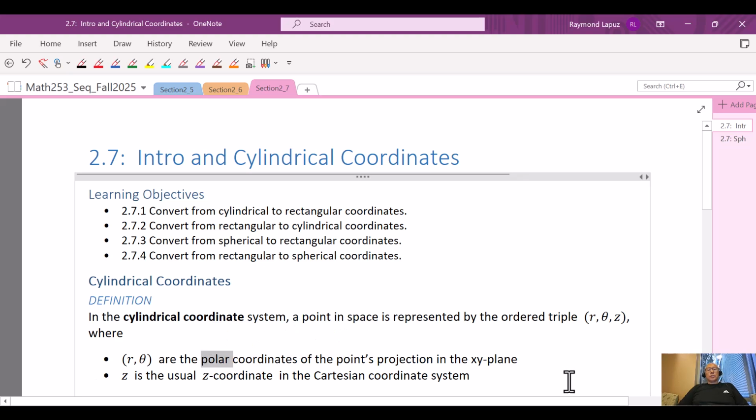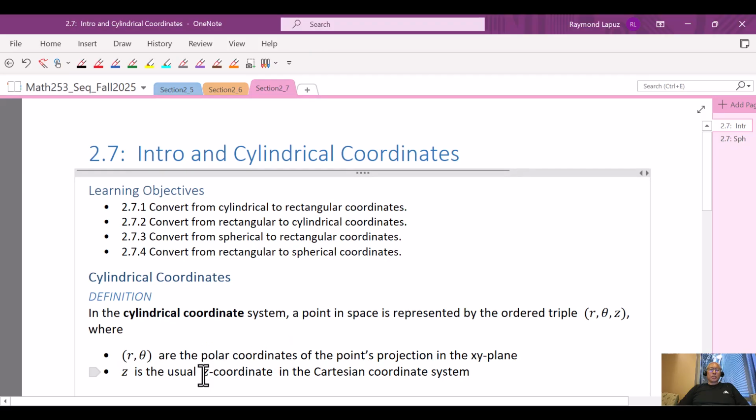Now, since we're living in 3 dimensions and we're trying to express things in the third dimension, we have the z value. But the nice thing about this coordinate system is that the z value is simply going to be the z value. So really, this is pretty much polar coordinate realm, except we have a third component in z.